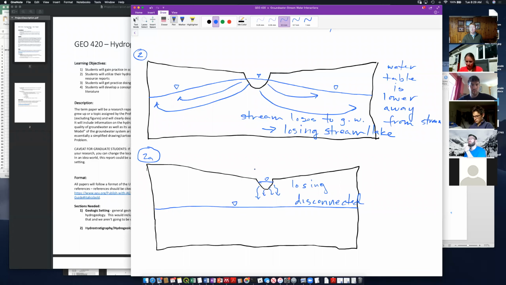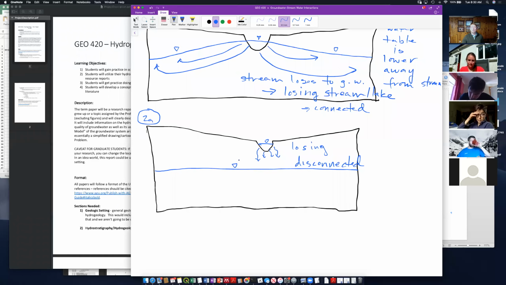Okay, so we can have losing connected. So this one is losing connected, and this is losing disconnected. All right. So one of the challenges here is if I come out here and I drill a well, all right, what I do is I measure the water level and it's here.